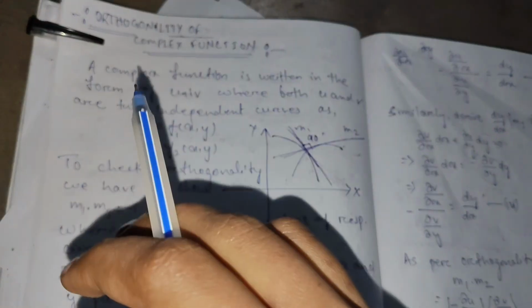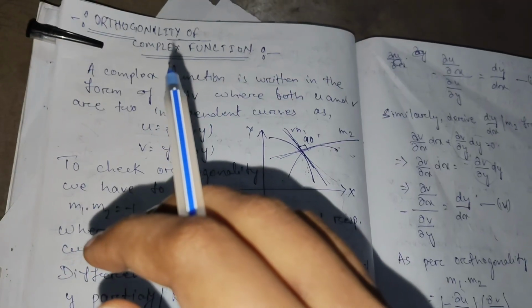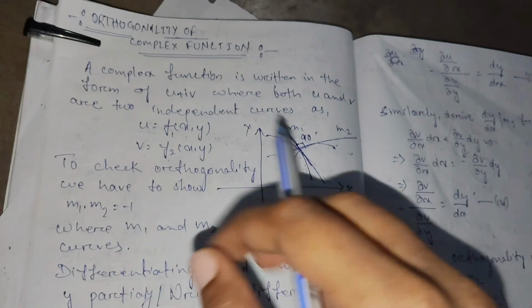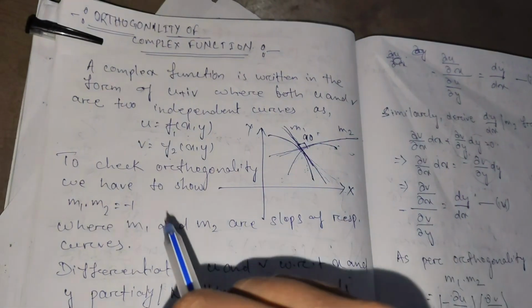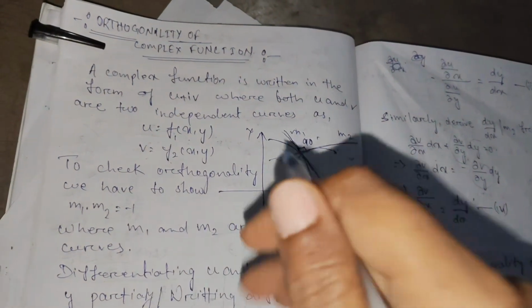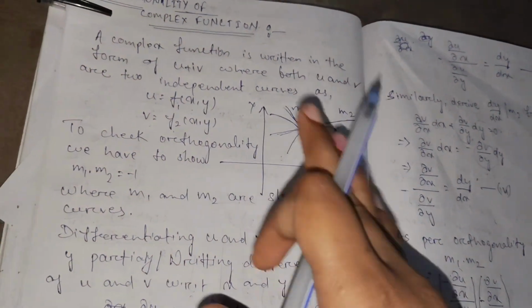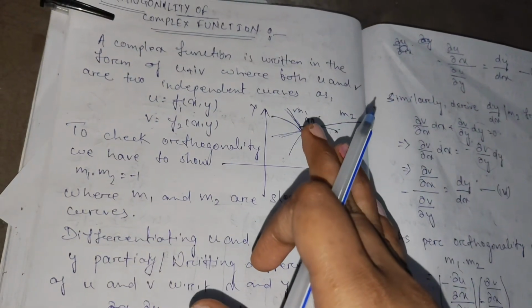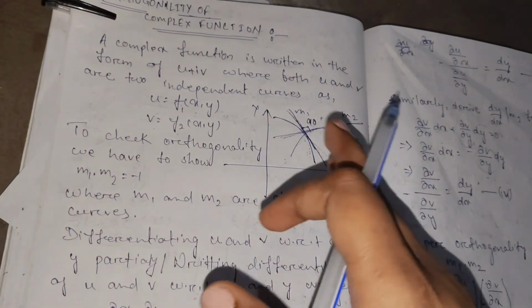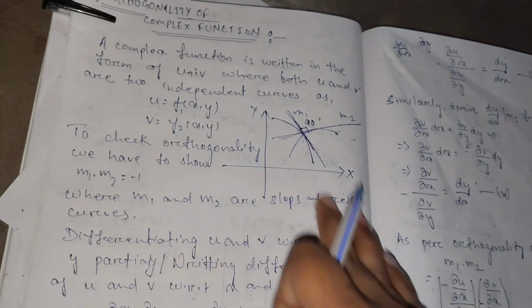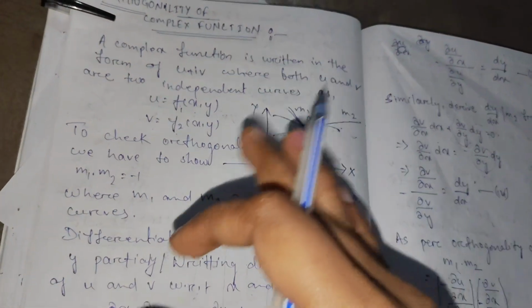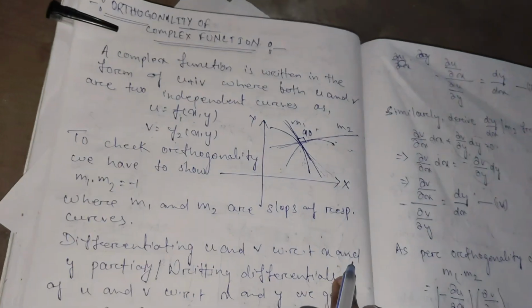Now, to check the orthogonal property, we have to check whether the slopes of the curves are perpendicular to each other or not. If the slopes are perpendicular to each other, then the curves are automatically perpendicular or orthogonal to each other. Then we will prove our statement, or prove the orthogonality property of complex functions.